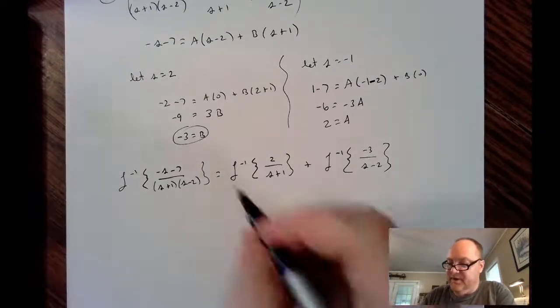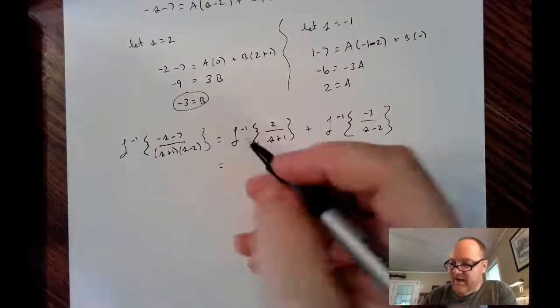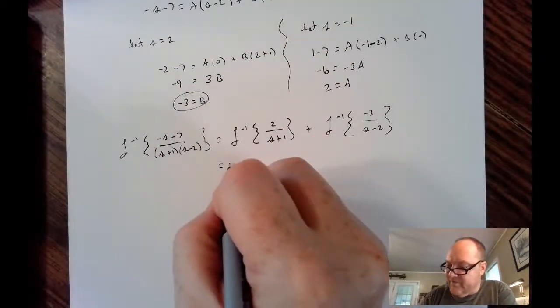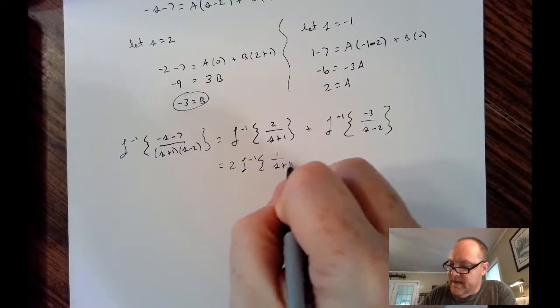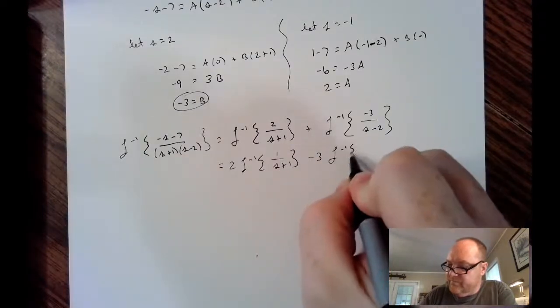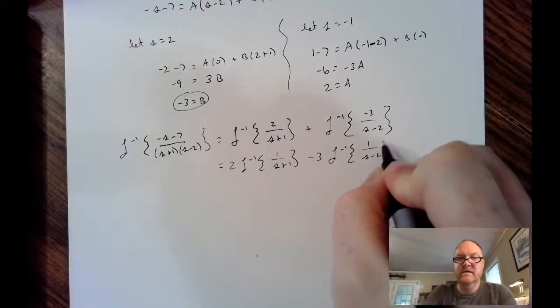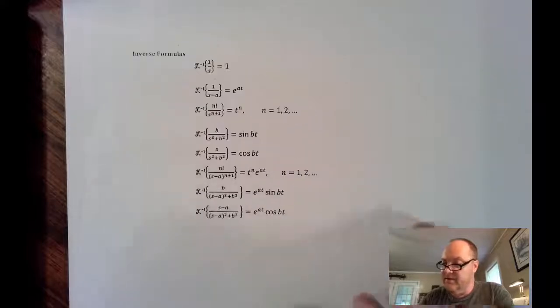And y'all know I hate to put in all these steps, but since we're working virtual, I'm going to. I don't need that 2 at all, so I'm going to factor it out. Nor do I need that 3. And so both of those things in brackets exactly fit a form.